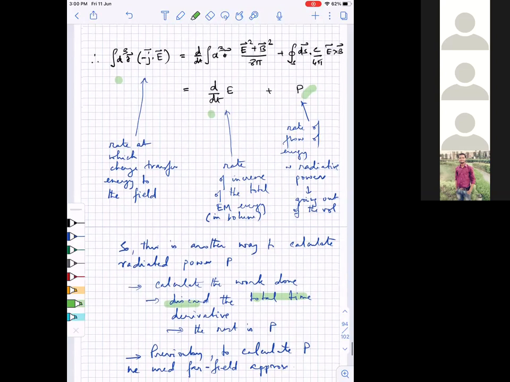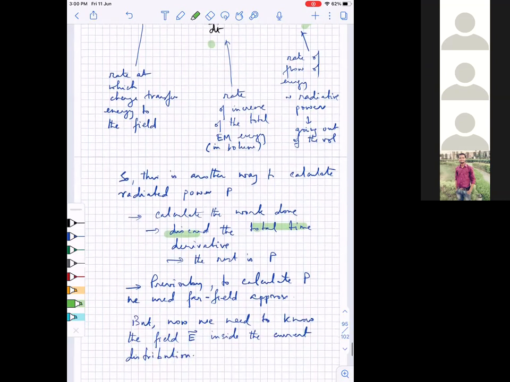How is this different? Previously, this P was calculated for the far field configuration. If you go back to your Larmor and the dipole radiation, remember we did the case where R was much greater than R naught, depending on how we have defined it. We did this for far field.